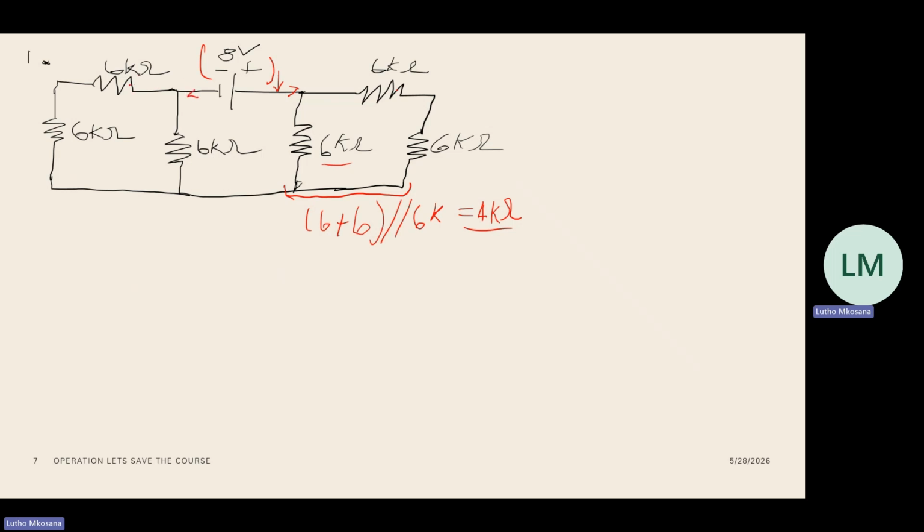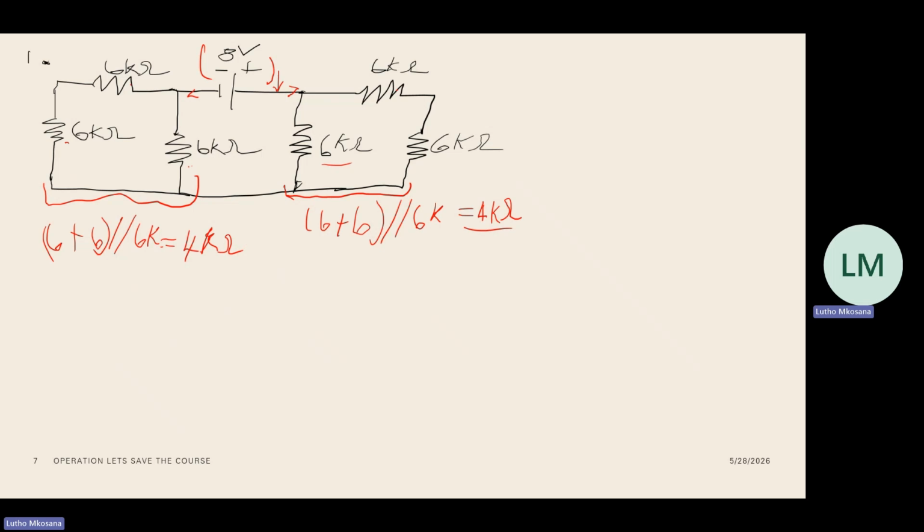We have the 6 kilo ohm and the 6 kilo ohm in series, and we have this in parallel with that. Therefore, this section over here is going to be the same, plus 6 parallel with that 6K, which will give us 4 kilo ohm.